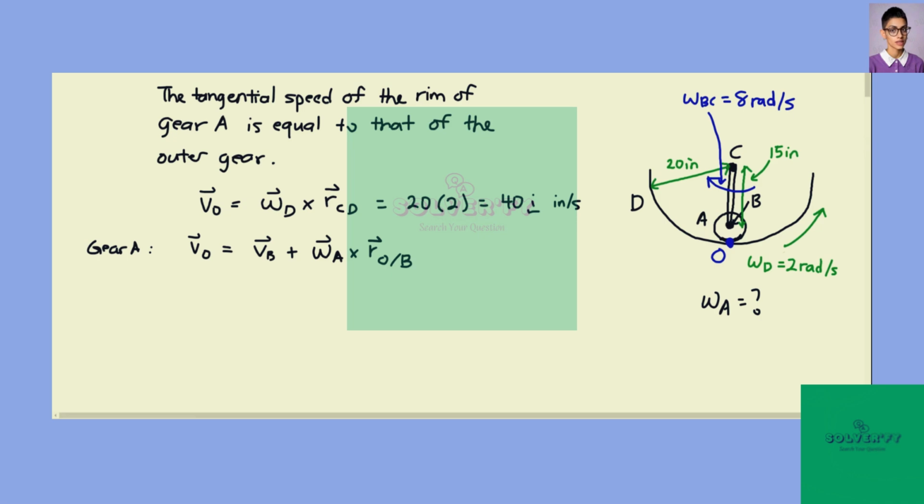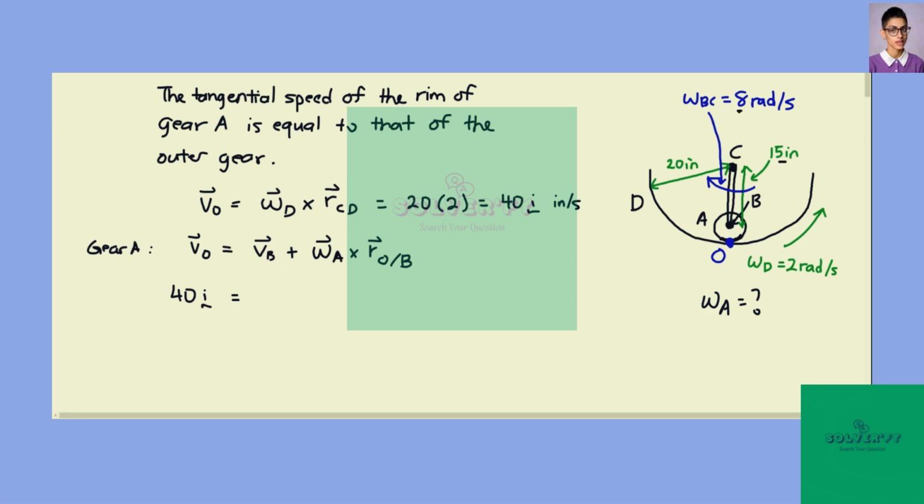So in this case, we have 40 i is equal to VB. VB will just be the length of link BC multiplied by the omega BC.